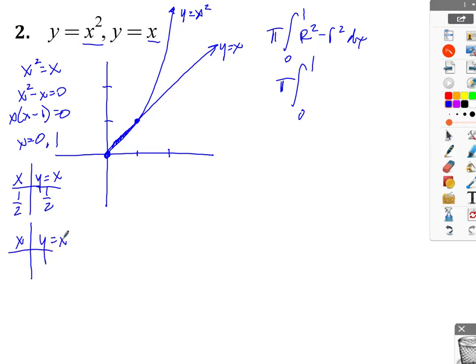And for x squared, what's 1/2 squared? 1/4, right? So therefore you can see that this one is going to be above this one for our region. Does that make sense? The y equals x is going to be the outer, y equals x squared is going to be the inner.